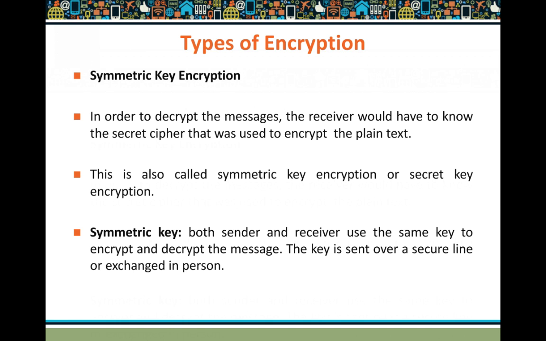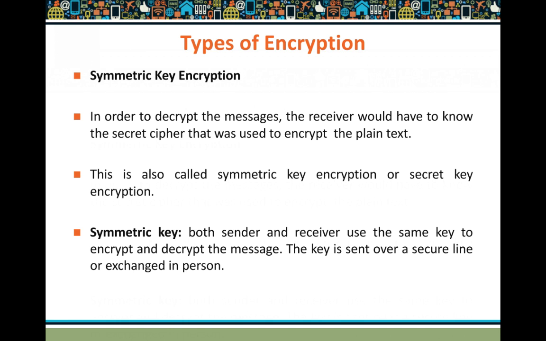The sender and the receiver will be sharing a secret key, and this key will be the same. The key with which the sender has encrypted the message is the very same key the receiver will use to decrypt the message. The 2 keys are the same, so it is called symmetric key encryption. The key is sent over a secure line or exchanged in person.